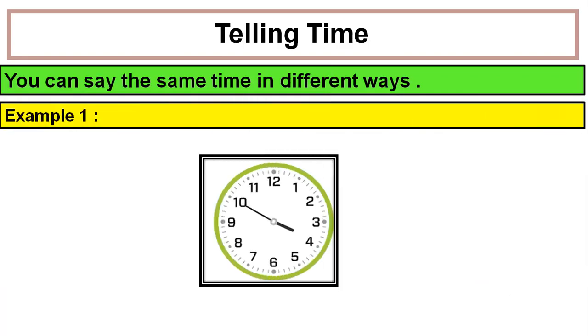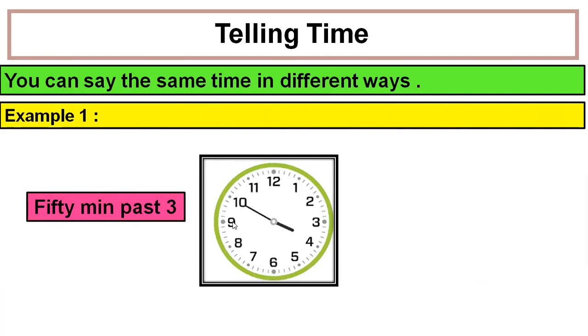Look at this timing. The shorthand is almost at 4 and the longhand is at 10. So we can read this first as 50 minutes past 3. We have 5, 10, 15, 20, 25, 30, 35, 40, 45, 50.